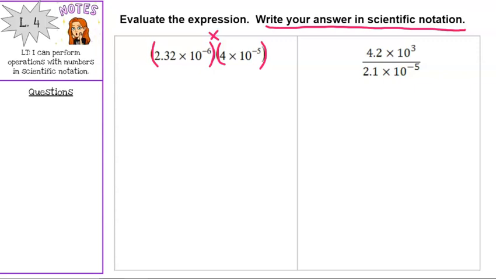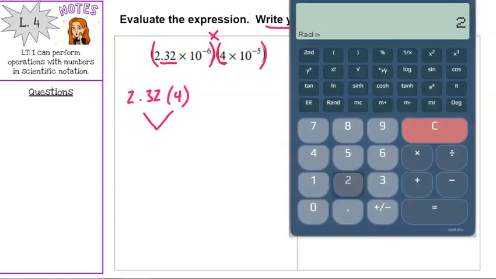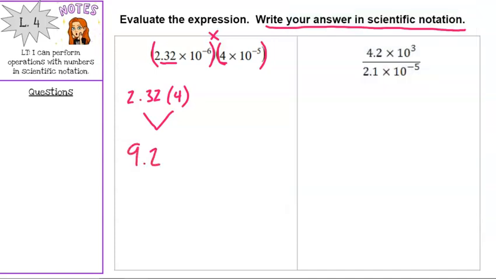So I'm going to identify my coefficients. 2.32 is a coefficient, and 4 is a coefficient, and I'm going to multiply those together. We have 2.32 times 4, and we get 9.28. So that is going to be the coefficient of my answer.